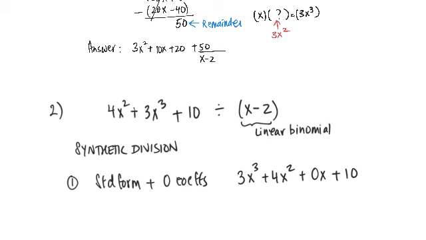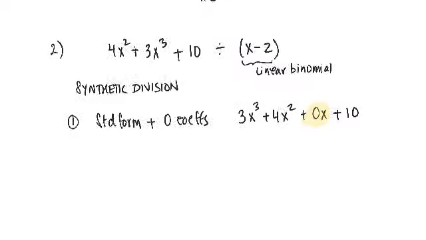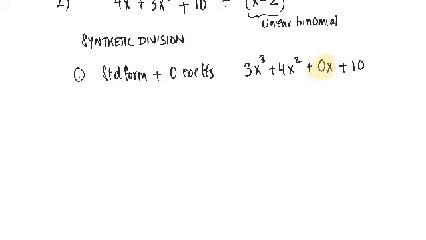Don't forget to include this term, add in that term. Now, the next thing we want to do is write these coefficients in this way. We're going to take the coefficients, those are just the numbers, and write them like this: 3, 4, 0, and 10.